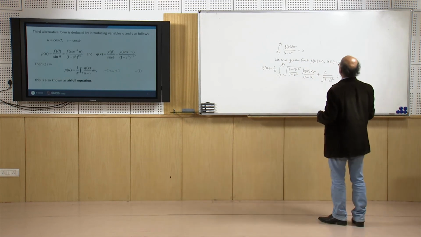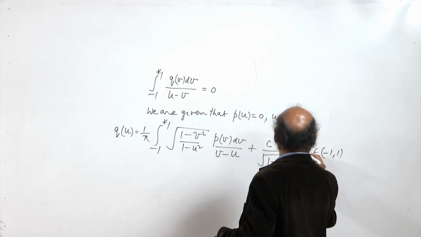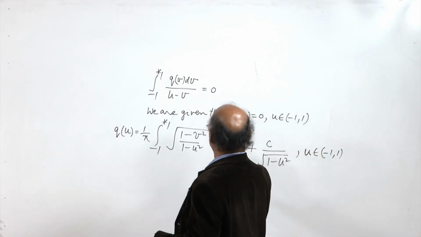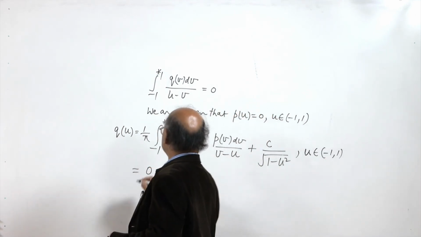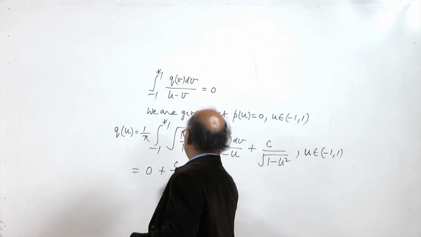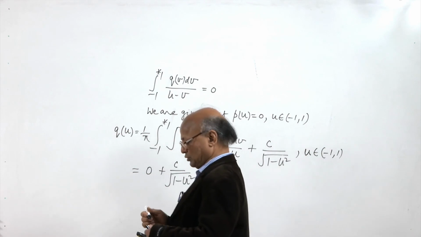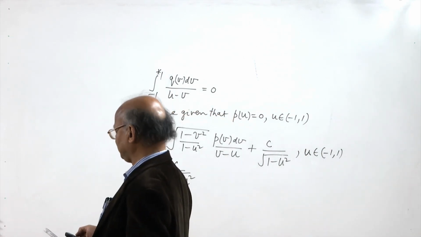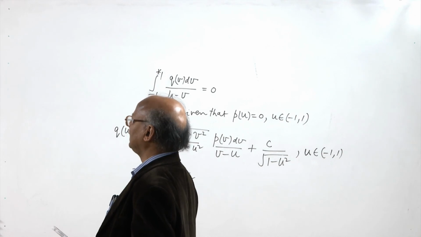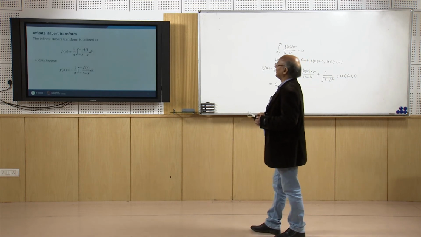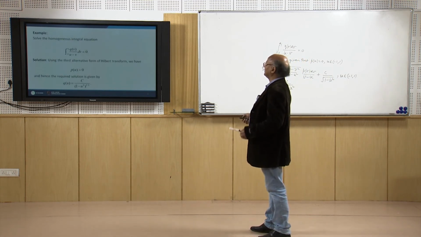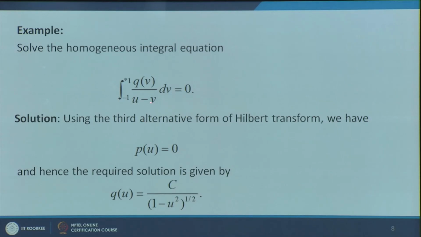We are given that p(u) equal to 0 over the interval minus 1 to 1, so let us put it in this equation. Here we put p(v) equal to 0, with v varying from minus 1 to 1. So, the first expression becomes 0 and what we get is c upon square root of 1 minus u square, where c is an arbitrary constant, 1 over pi integral over minus 1 to 1 of q(v) dv. So, the solution of the homogeneous integral equation is given by q(u) equal to c upon square root of 1 minus u square.